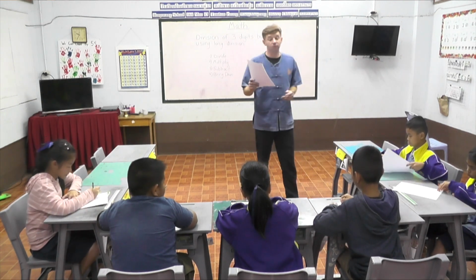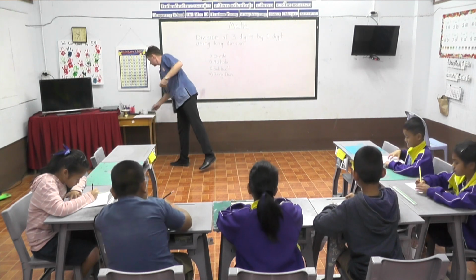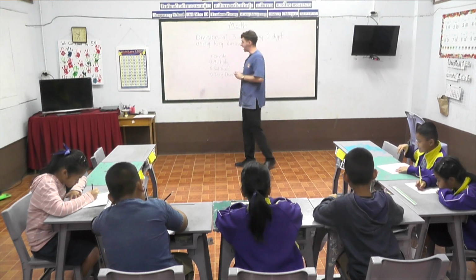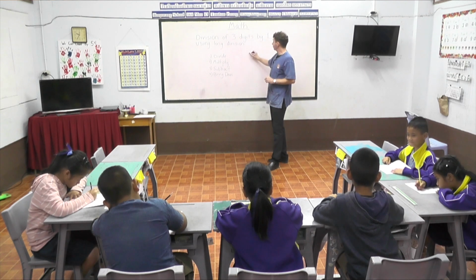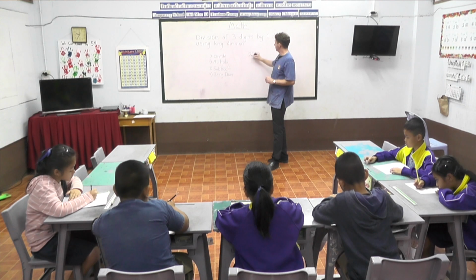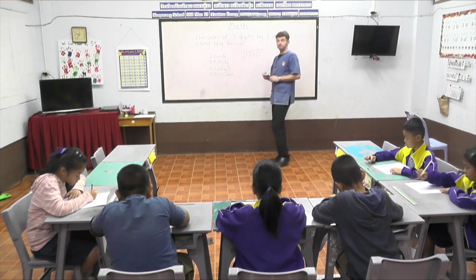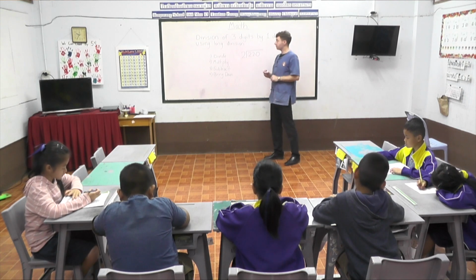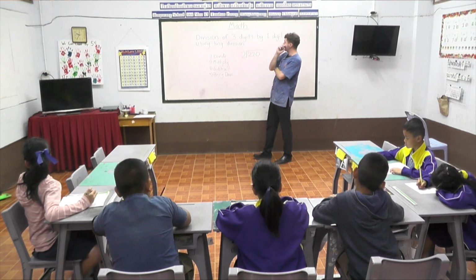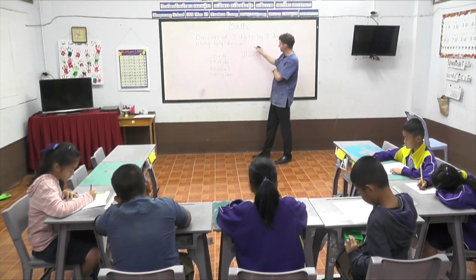Okay, guys, so let's do the first one together. The first one we have is 220 divided by 2. So, step 1, let's divide. 2 divided by 2 equals 1.